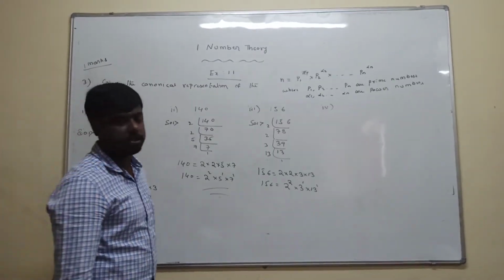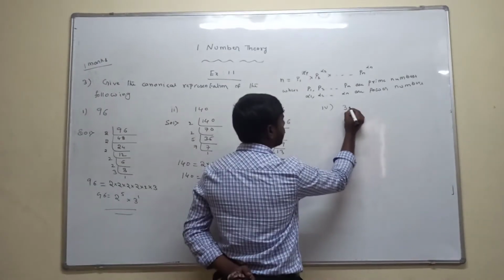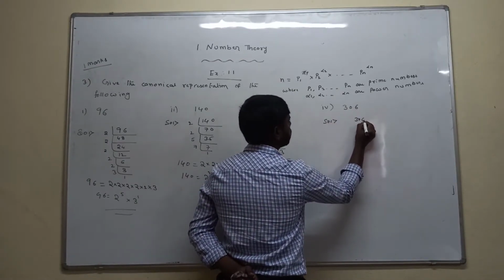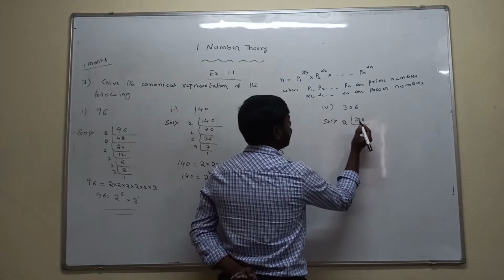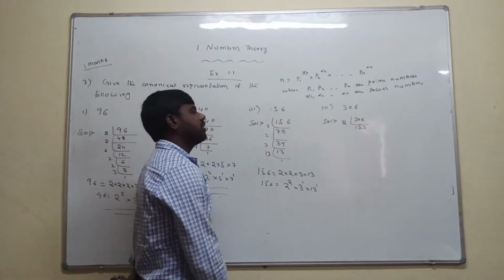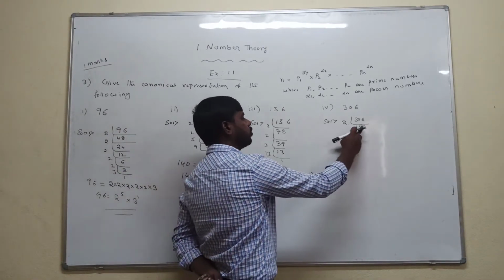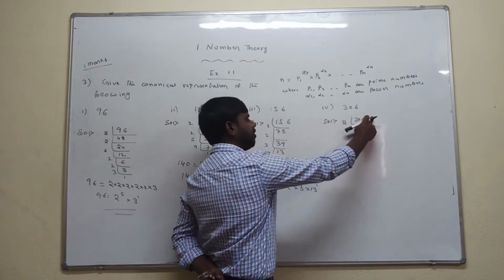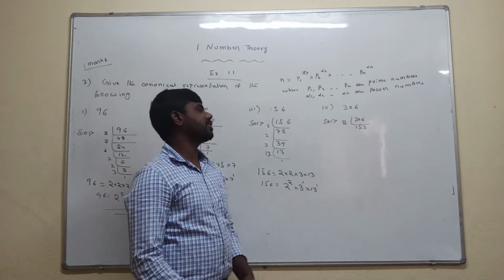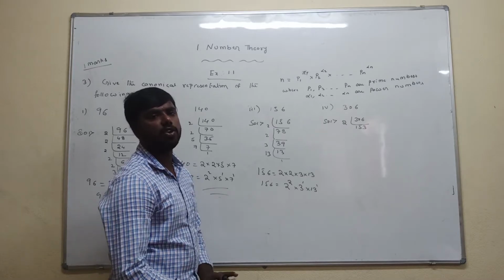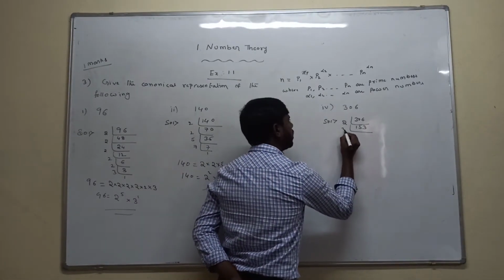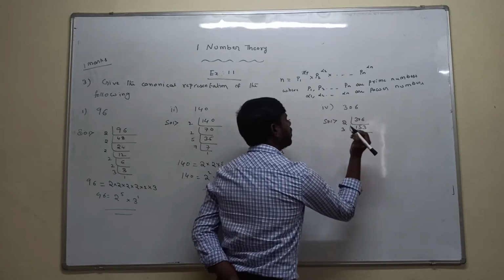See the fourth one is 306. Solution: 306 by using the division method, 2 into 153. How did we get 153? 2 threes are 6, 2 fives are 10, 1 is left, 2 into 1 is 2 plus 1 is 3. 2 into 153 is 306. 153 is not divisible by 2, that's why I am taking 3. 3 fives are 15, 3 ones are 3.